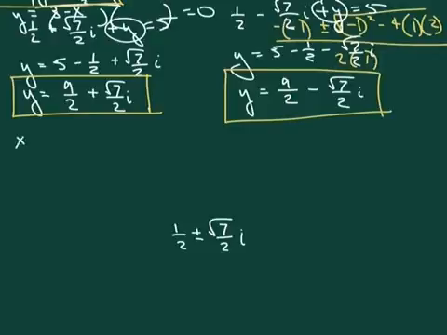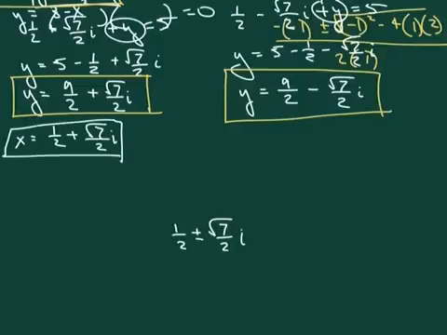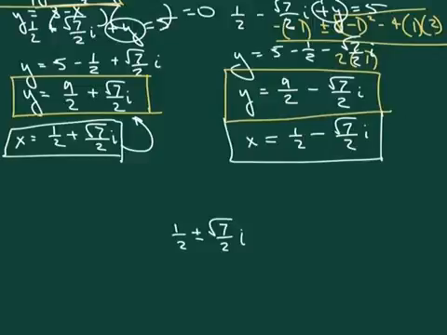So I'm going to put the x that I plugged in here, which would be 1/2 plus the square root of 7/2 i. This is the x I put in to get my y value there. Over here, my x was 1/2 minus the square root of 7/2 i. So there was the x that went with that. Alright, so all that, and I get for my 2 points of solutions, 1/2 plus the square root of 7/2 i. That's my x value.